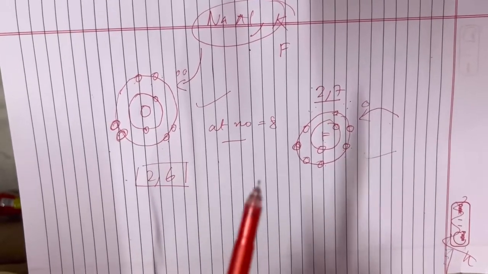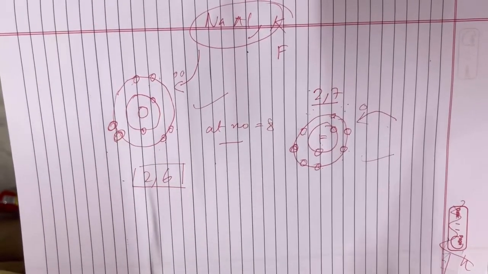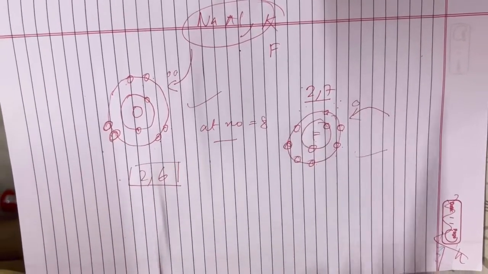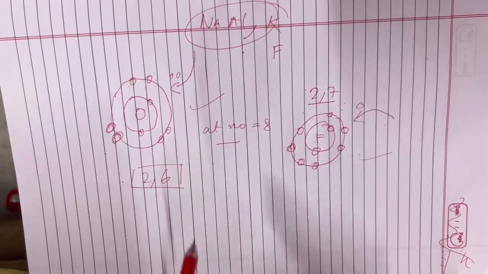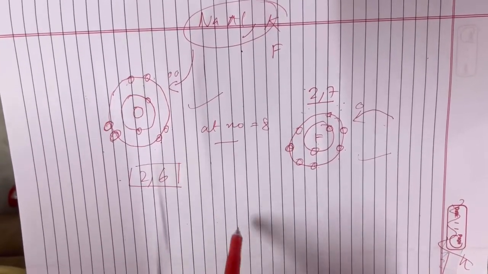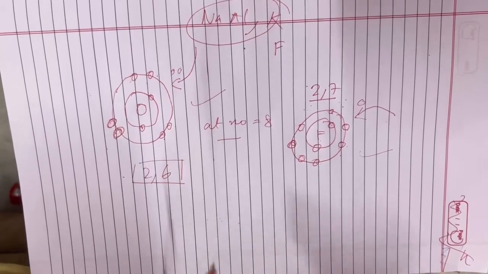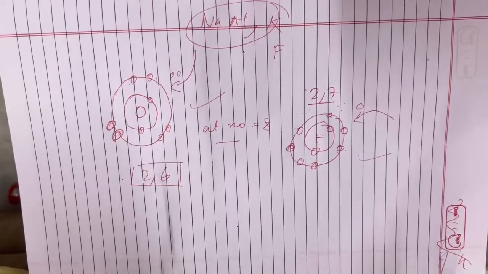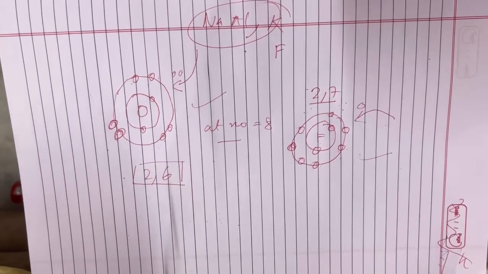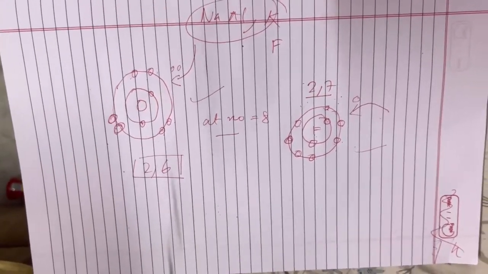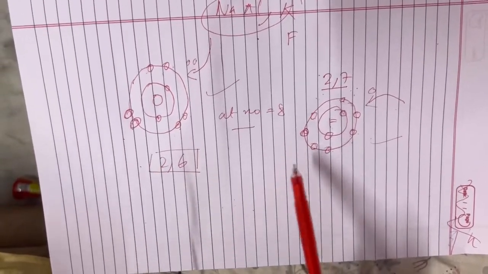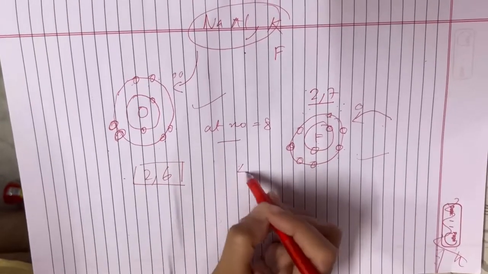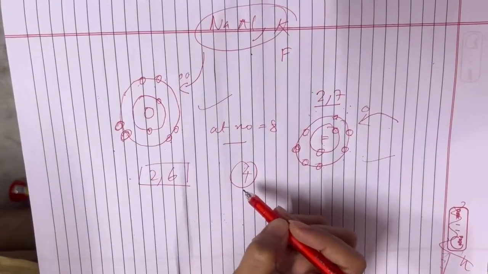So remember one thing: when there are 1, 2 or 3 electrons in the outermost shell, then they want to lose electrons, and this is one of the most important properties of metals. Metals always want to lose electrons, and non-metals start from 4, the ones which have valency 4.